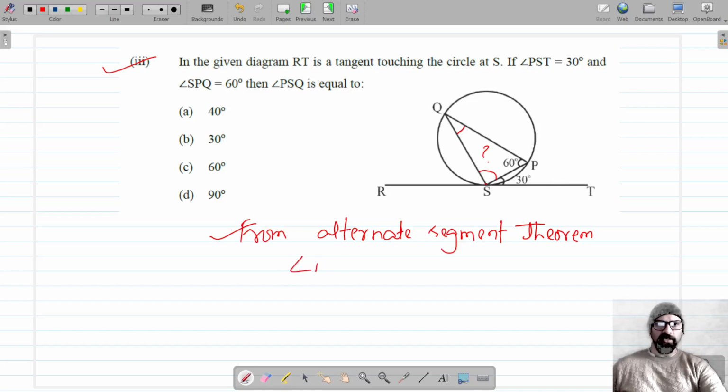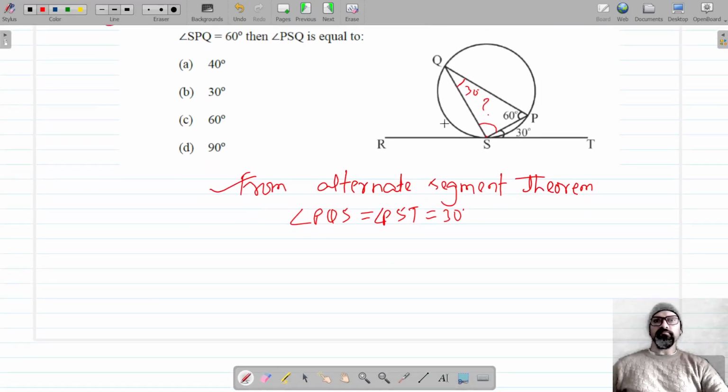So we can write that angle PQS is equal to angle PST, which is 30 degrees. So that means angle PQS is now 30 degrees. Okay, we can now use the angle sum property in triangle PQS.